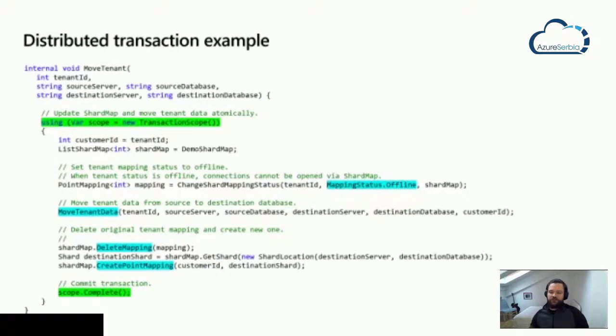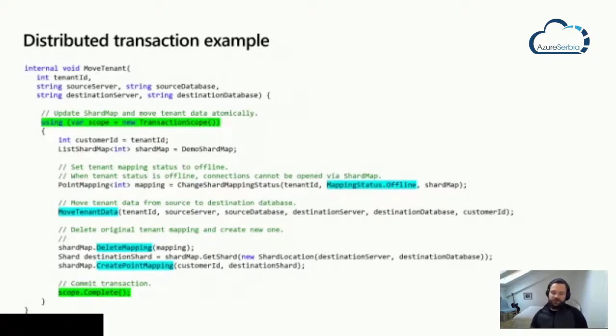We are marking the current mapping as offline. This will effectively disable client applications from modifying any data for this tenant because the shard map will not provide active connections to this tenant. So we mark it as offline.